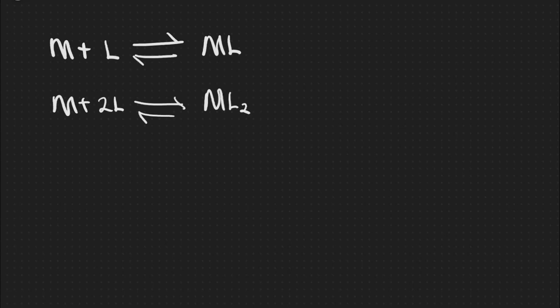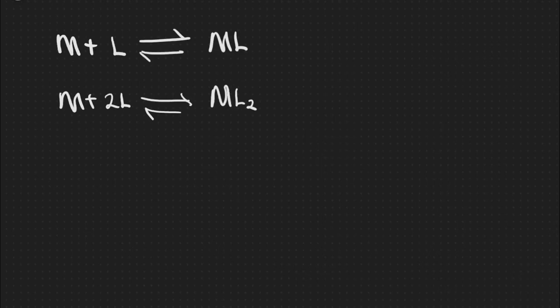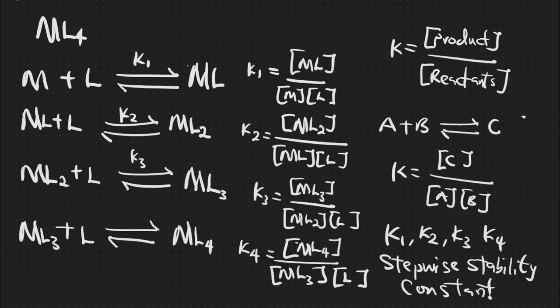Can you see it's the same as this. Also, instead of carrying this final product and adding the ligands, we can just add them directly, M plus three ligands. So also the fourth one, and can you see it's also giving us the same product as this.